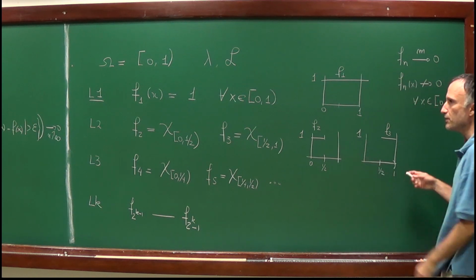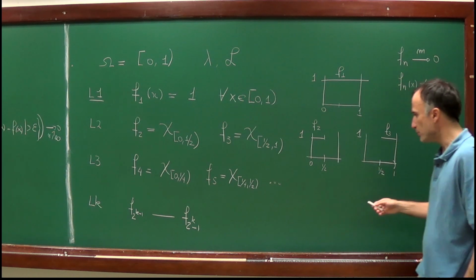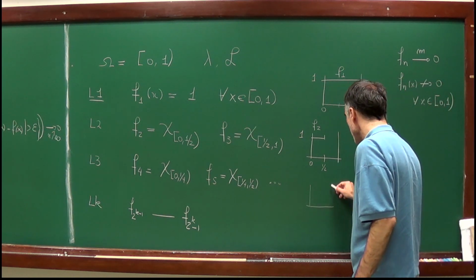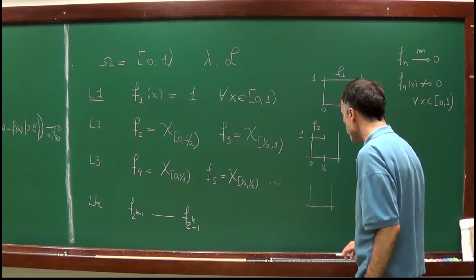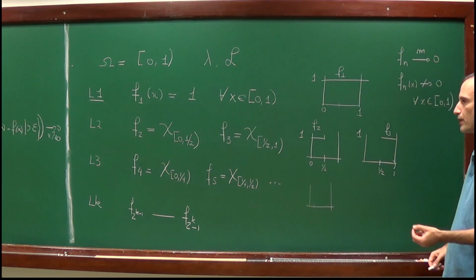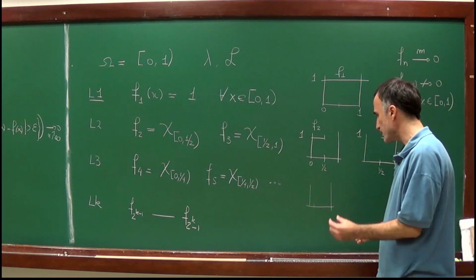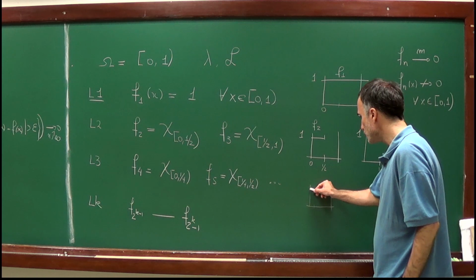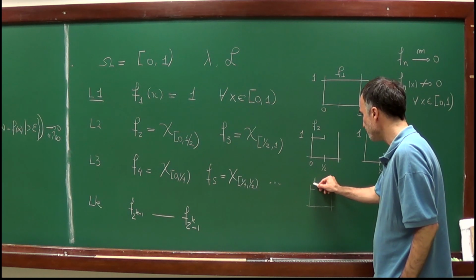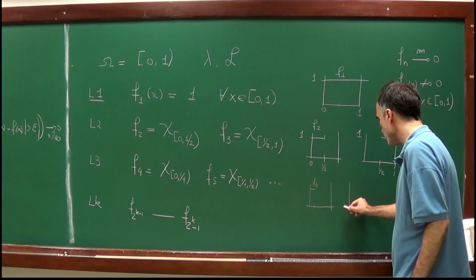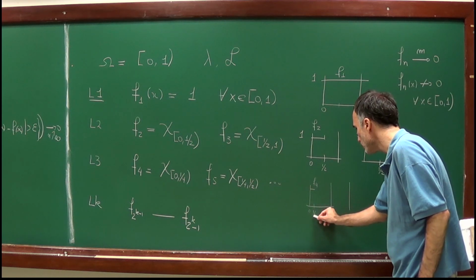Maybe this is not clear at level 3, so let me draw the graph at level 4. At level 3 we have indicators of intervals of length 1 over 4. So this is function f_4, which goes from 0 to 1/4.